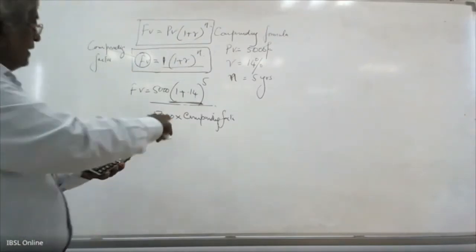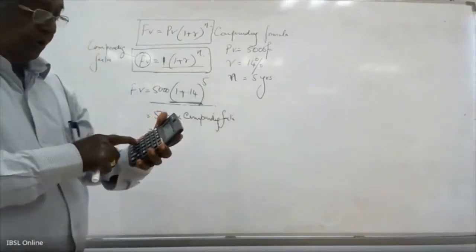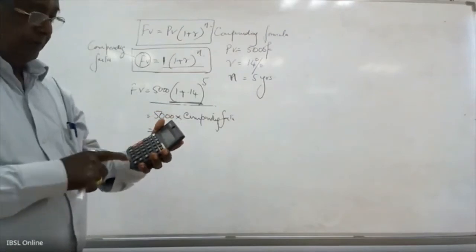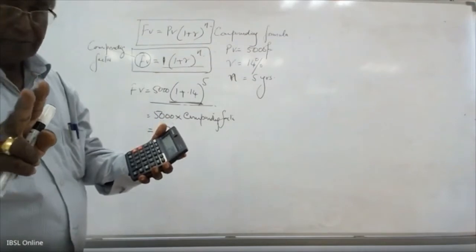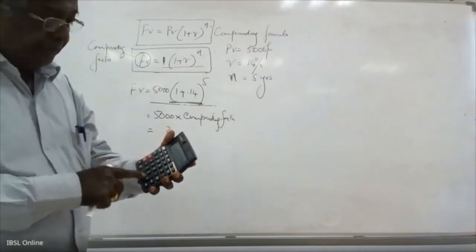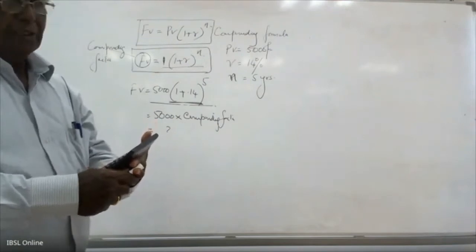Multiply into 1.14, 5 times. Again into 1.14 equals, so now 2 years have gone. Third year, fourth year, fifth year. We get 1.925. I am taking 3 decimals.